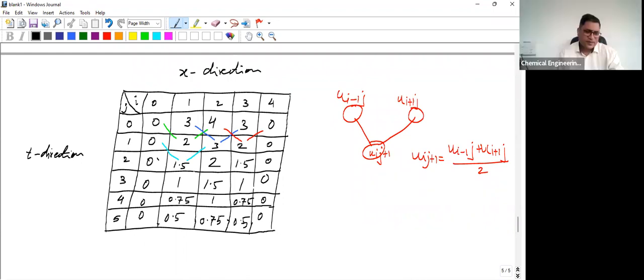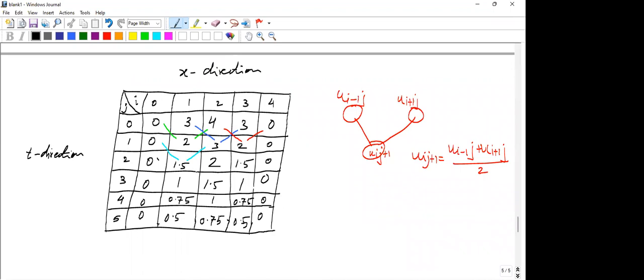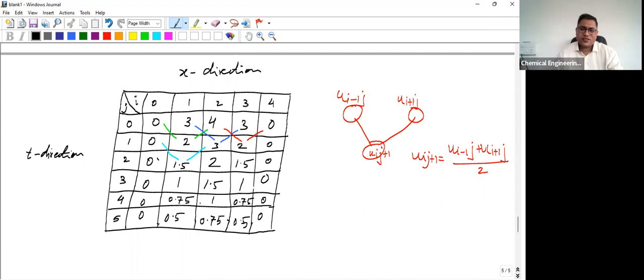Okay, so this is the Bender-Schmidt method to find the solution of the one-dimensional heat equation. This is how we are able to find it. So what is important is that you need to find these values and these values.